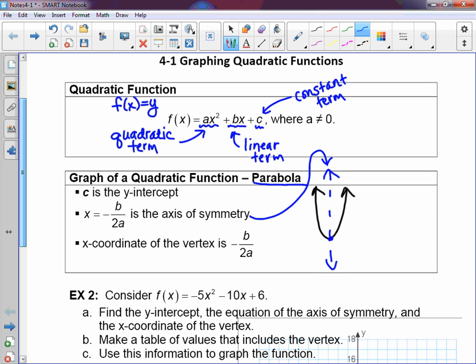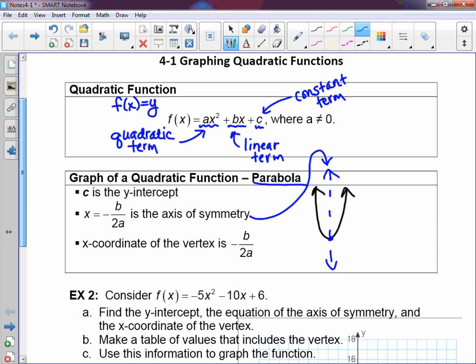And this nifty equation means you're not having to guess what it is. You can take the parts of your quadratic function, the b and the a, put them in this equation, and it gives you the axis of symmetry. Not hard to find at all. As long as you know what your a, b, and your c are, you can find all this stuff.